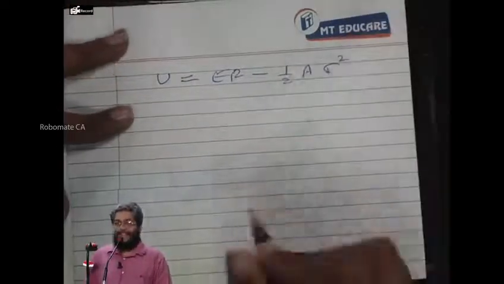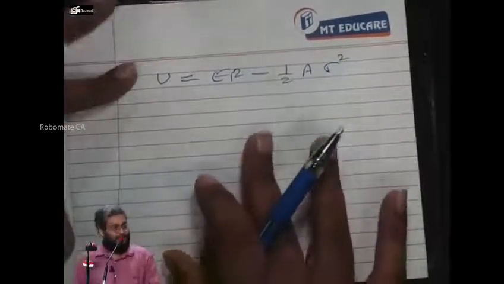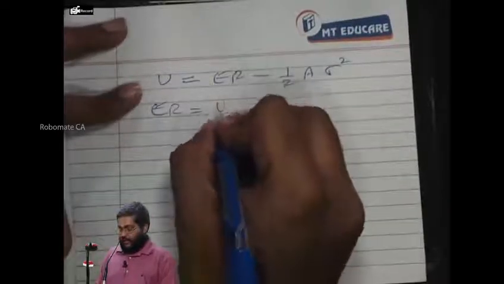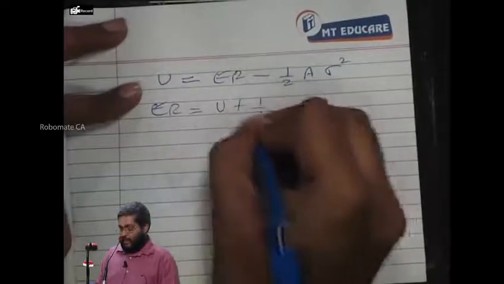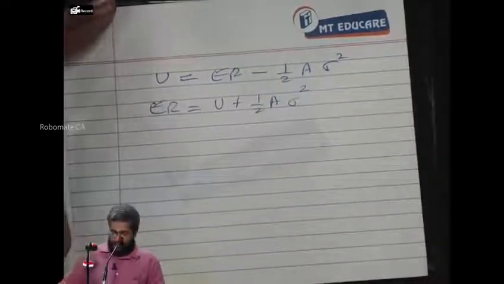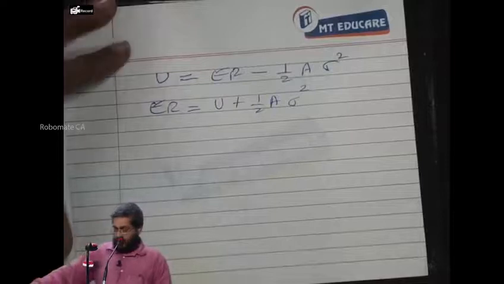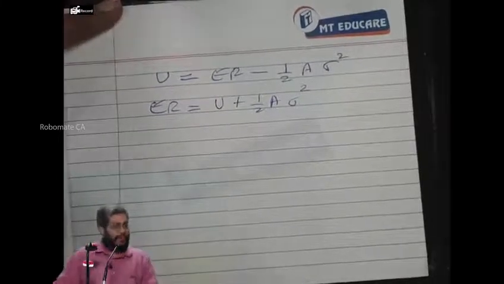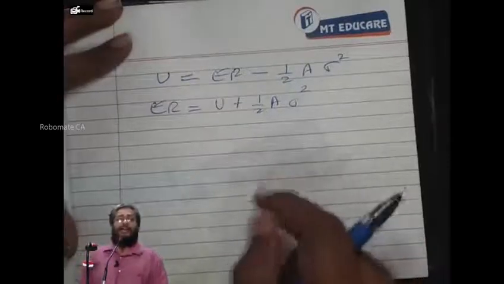Don't say the formula changes. Half is 0.5. Can I proceed? Now, next. Another formula: ER is equal to U plus half into A into sigma square. Can I proceed?